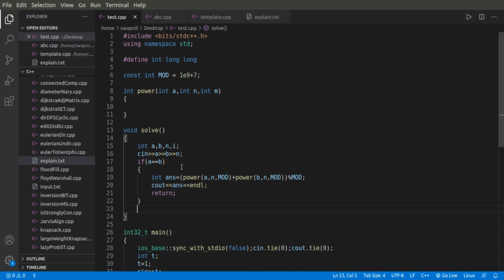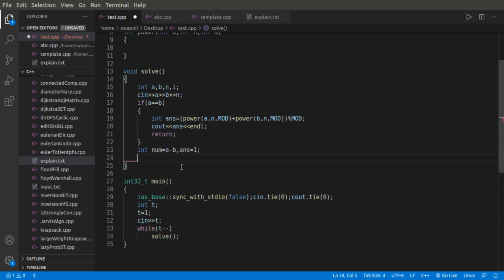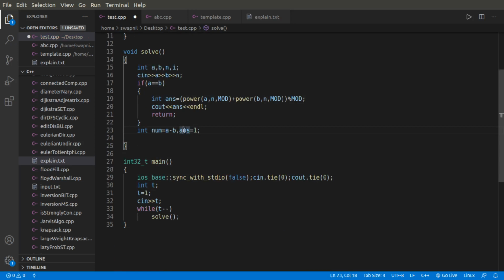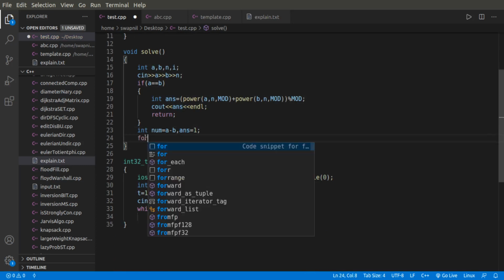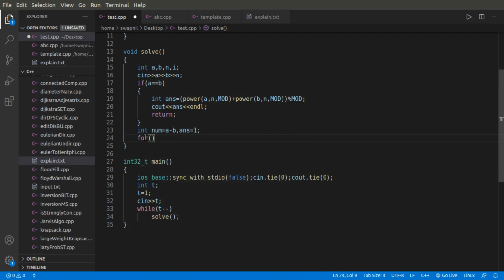And if it is not the case, then we will just make the first term as number, and my answer will be initialized with 1. Here the answer is nothing but the possible divisors which is dividing both a and b, basically the potential GCD values, and we will have to maximize this particular value.